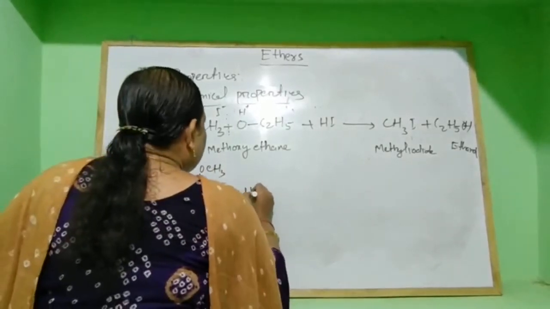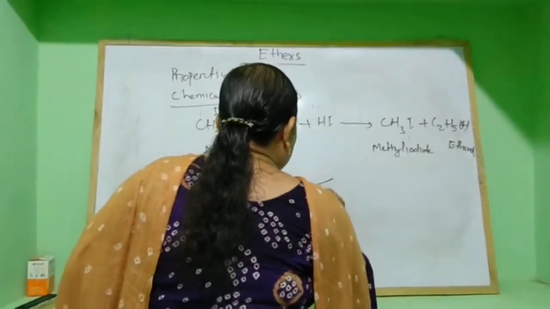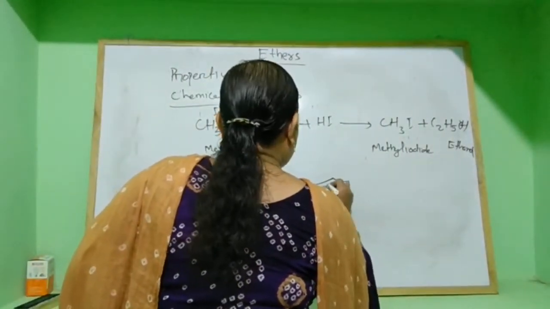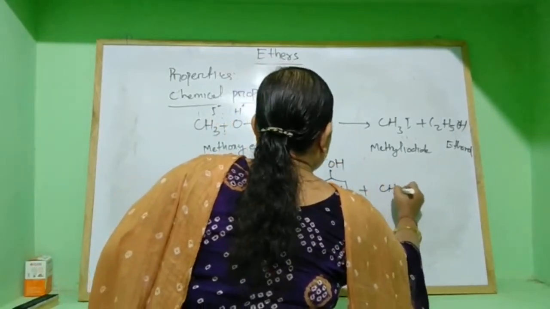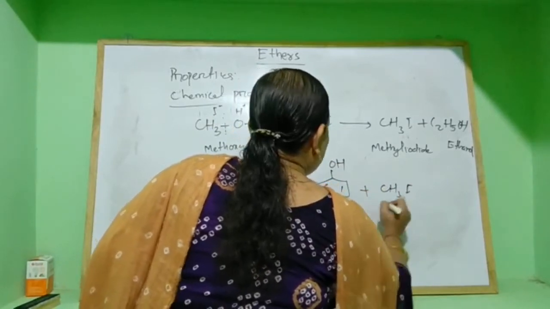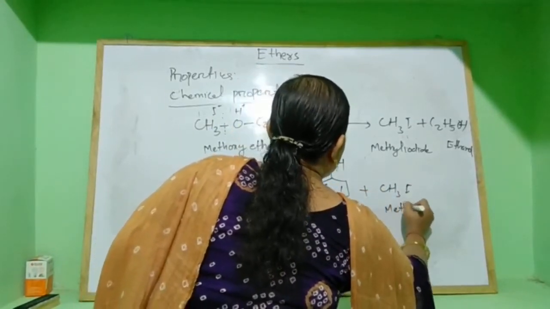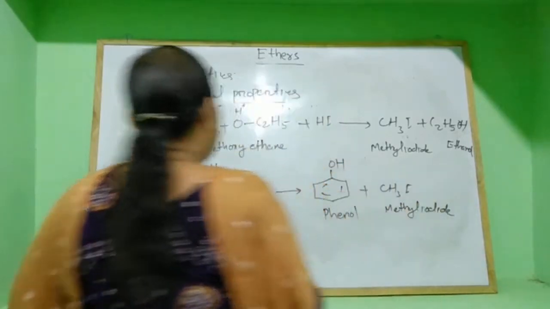When reacting with HI, it gives phenol plus CH3I, phenol plus methyl iodide.